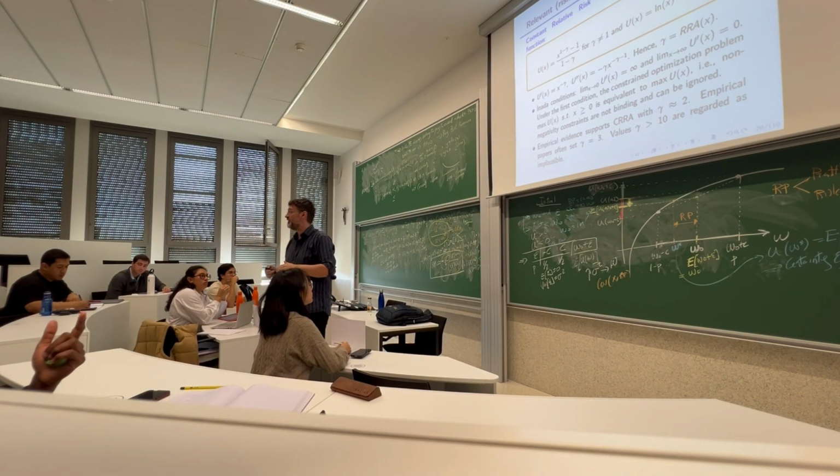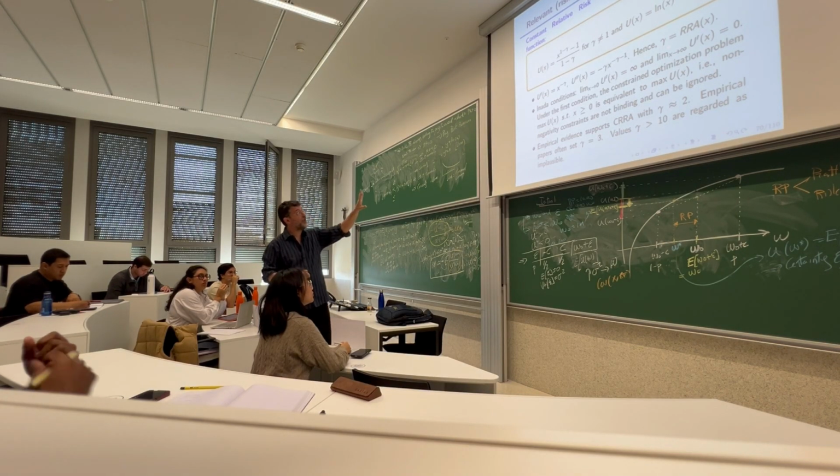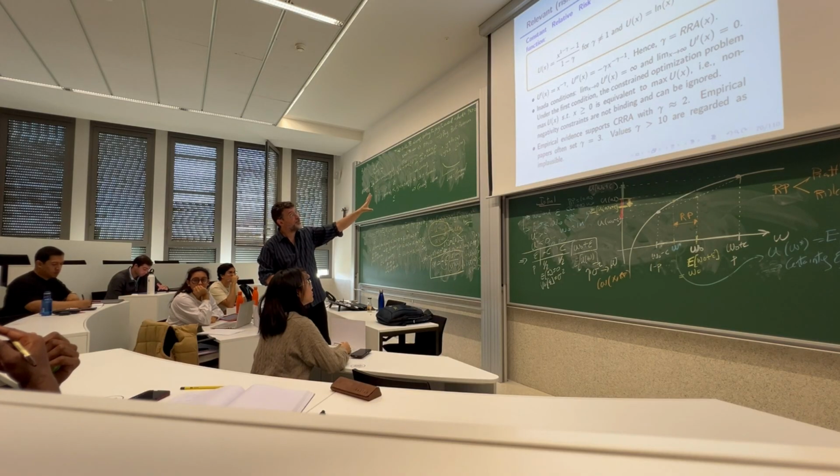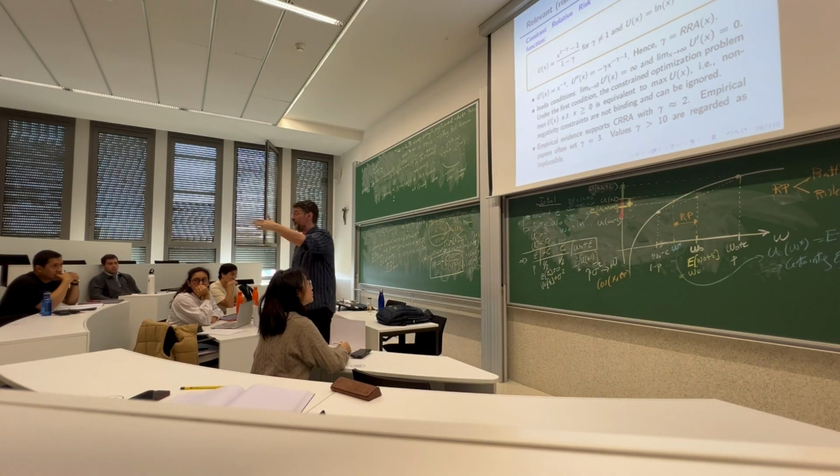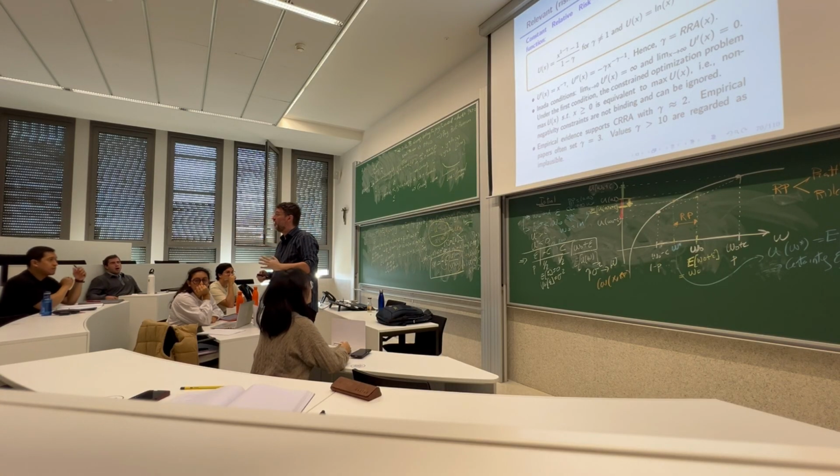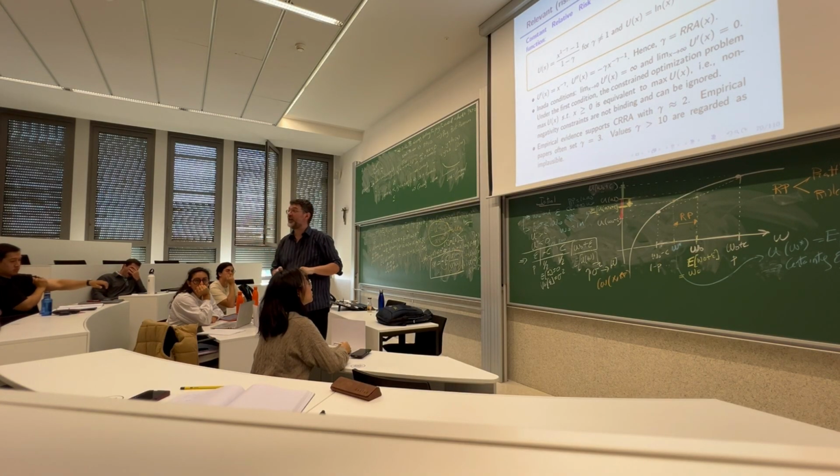The literature says that we have a utility function that can be described in these terms with a coefficient gamma, which may vary from one individual to another, but broadly speaking, we have a gamma coefficient which is around 2.